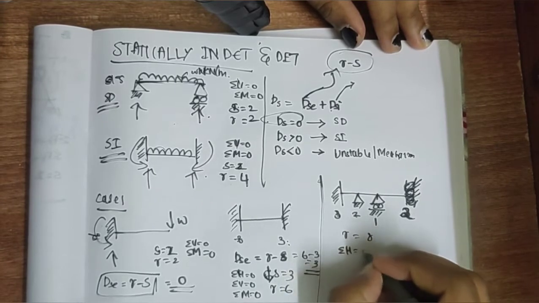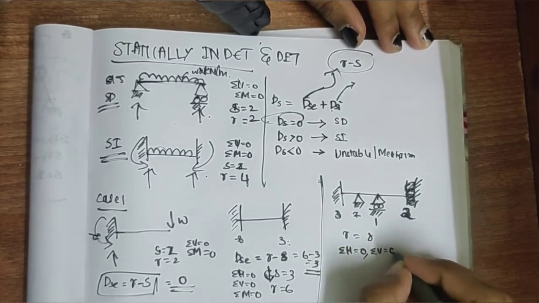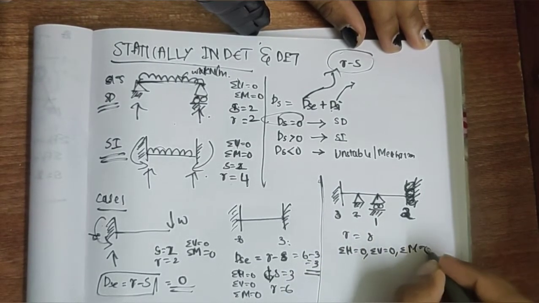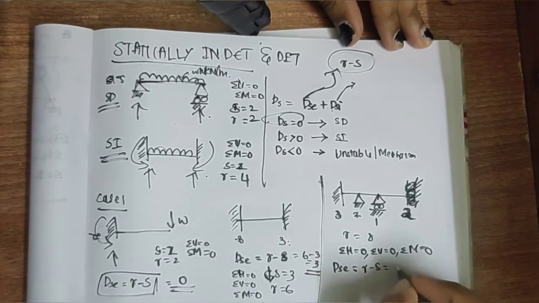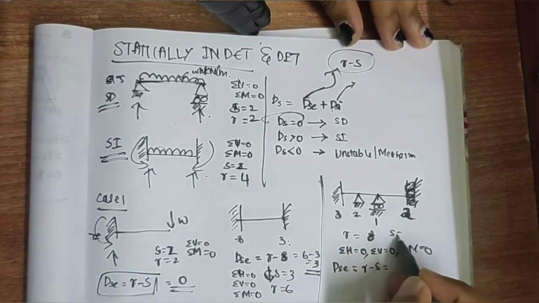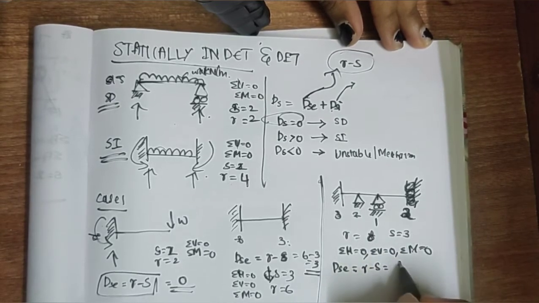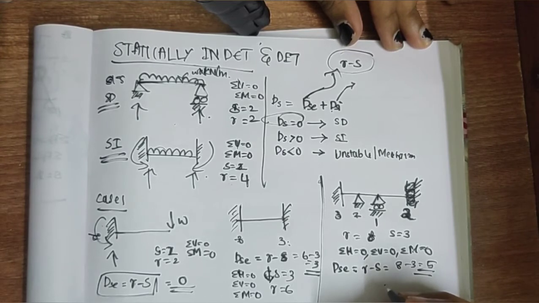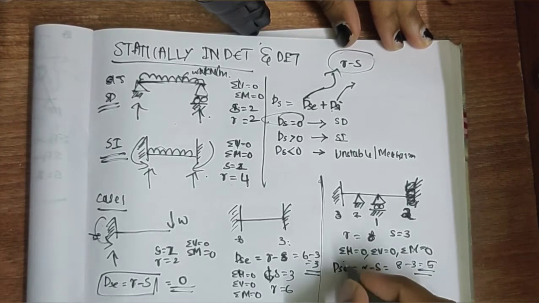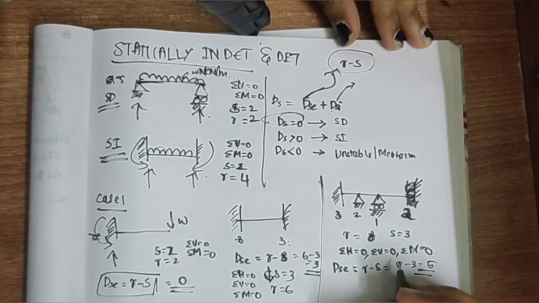Summation of H equal to 0, summation of V equal to 0, summation of M equal to 0. External indeterminacy is R minus S. R is 8 and S is 3, so 8 minus 3 is 5. So it is an externally indeterminate structure.